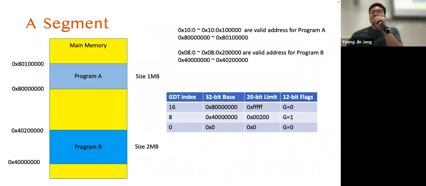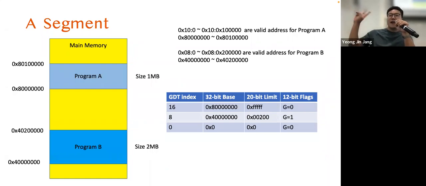So the memory segmentation will totally change in the new memory model. After we enable protected mode, how can we load 2 programs in separated, isolated regions? It is something like this. Let's take a look at program A. It starts at the address 8000000 and extends 1 megabyte up.